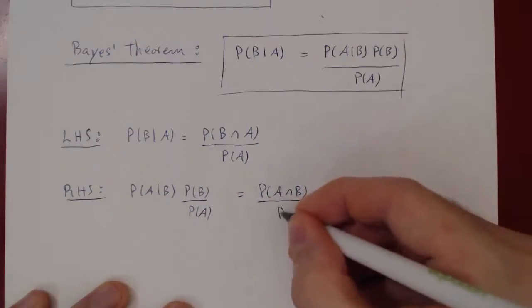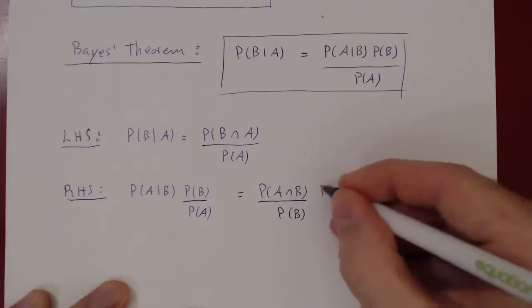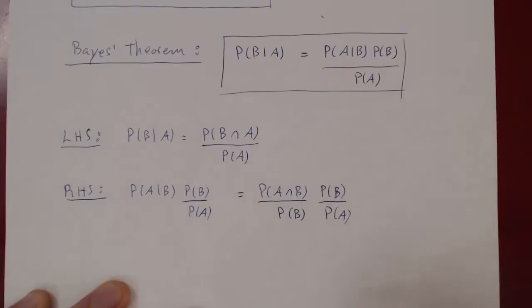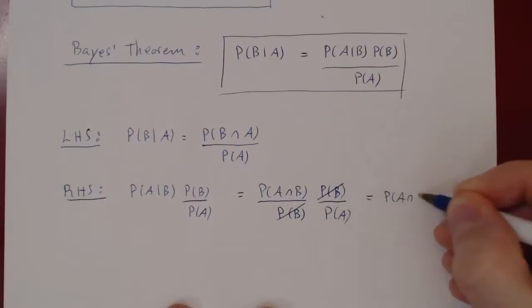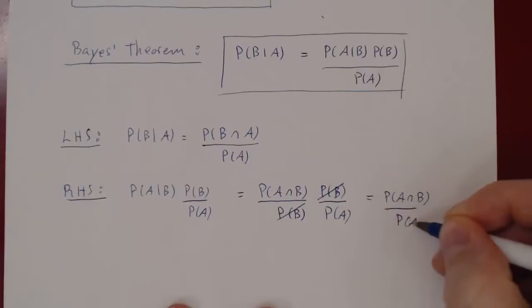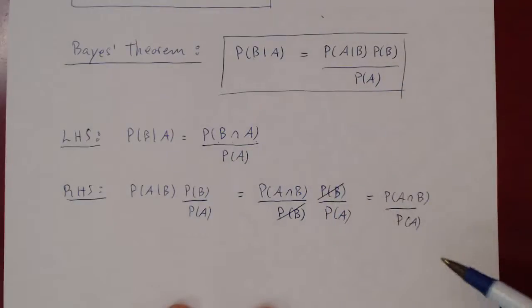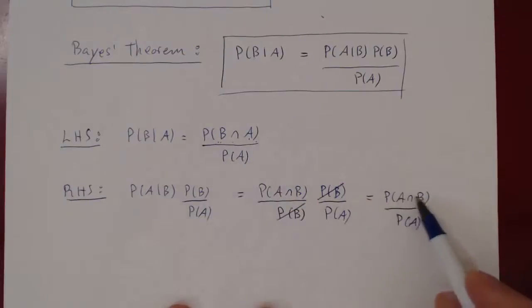We have to rescale by its area, which is P of B. And we're left with P of B over P of A. And if you notice, well, we can cancel the P of B over P of B, and we're left simply with P of A intersects B over P of A. But notice that the left-hand side is P of B intersects A over P of A, and this is P of A intersects B over P of A. But B intersects A is the same as A intersects B. So both sides are equal, so we have now Bayes' theorem. The following 3 videos will be examples of all of these 3 results.